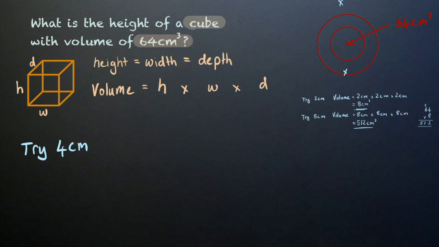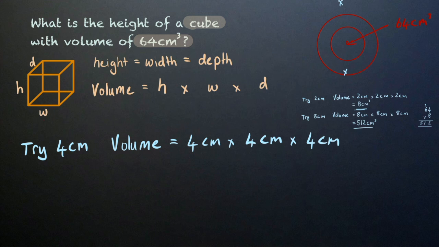So then we would have a volume equal to 4 centimeters times 4 centimeters times 4 centimeters, which is going to be equal to, okay, so 4 times 4 is 16, times another 4. If I don't know how to do that, I could do 16 times by 4.